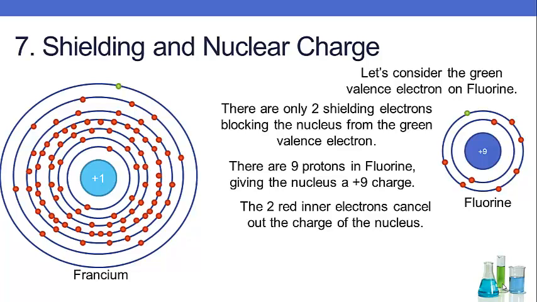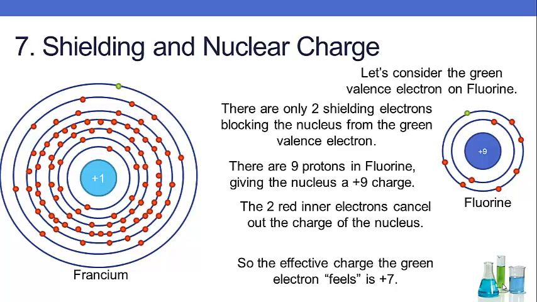Just like with francium, those inner electrons are going to cancel out the charge of the nucleus. But this time, we've only got 2 inner electrons. So the effective charge that the green electron actually feels is plus 7. So for fluorine, we're going to have a much stronger attraction between that valence electron and the nucleus because the nucleus is so much more positive.